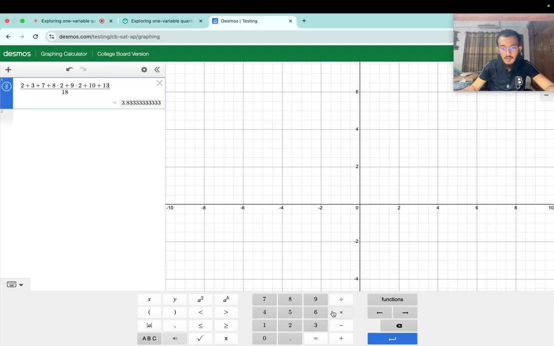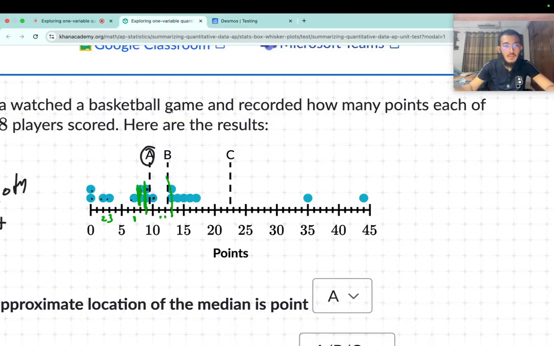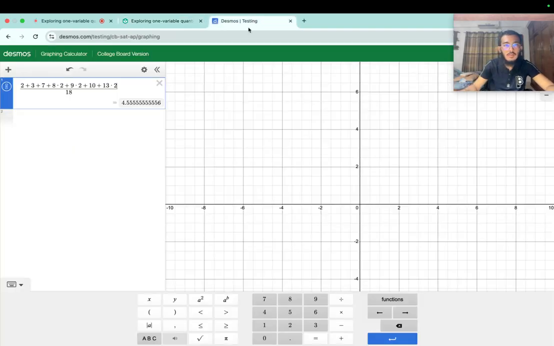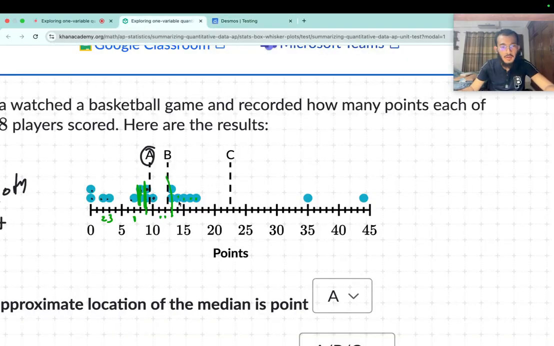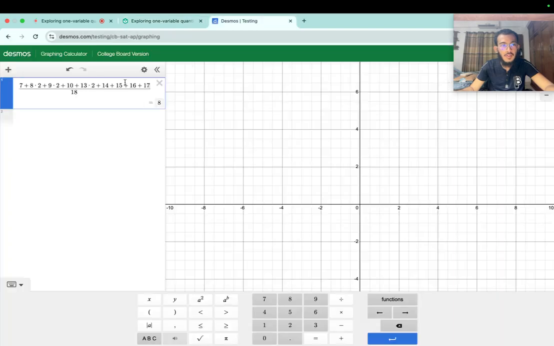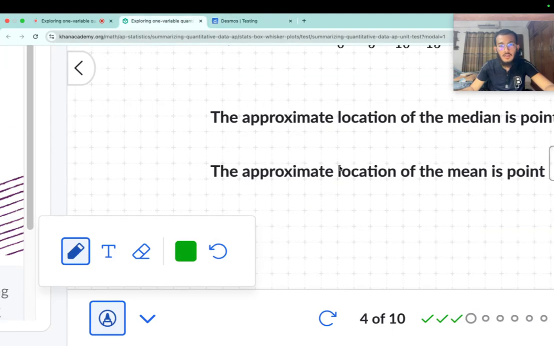Then we have 14, 15, 16, 17. All of that divided by 18.